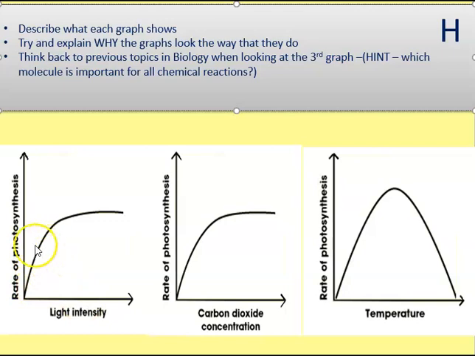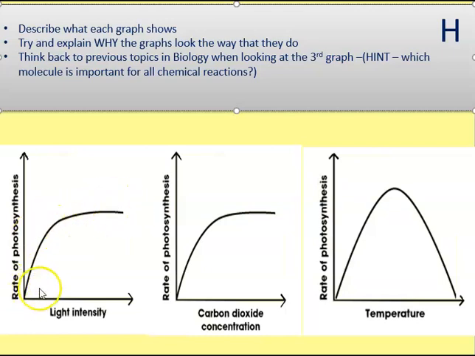Now, what is happening at this part of the graph is that light is the limiting factor. We definitely know light is the limiting factor, because if you increase the light, you increase the rate of photosynthesis. What happens when the line plateaus is that either carbon dioxide or temperature becomes the limiting factor, because you're still increasing the light intensity, but nothing is happening.